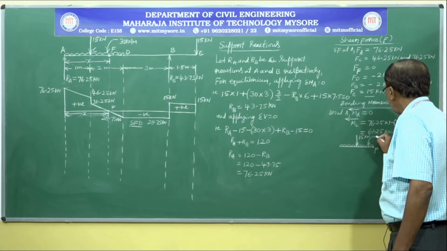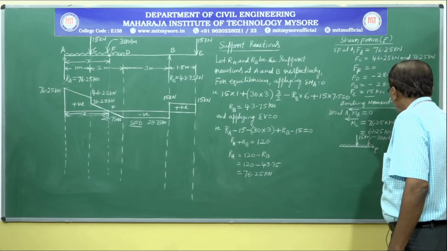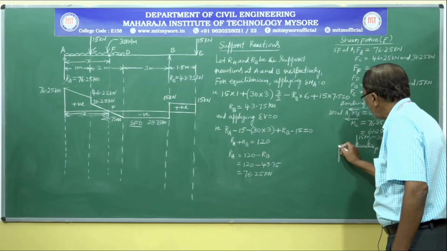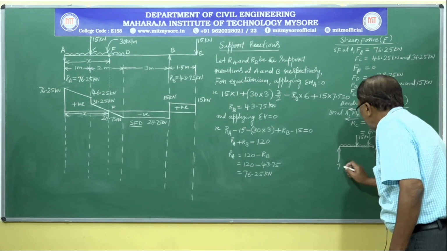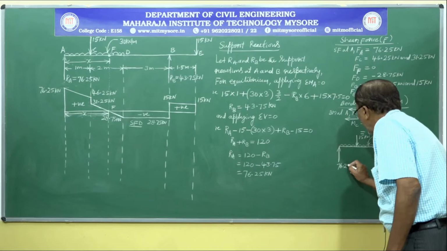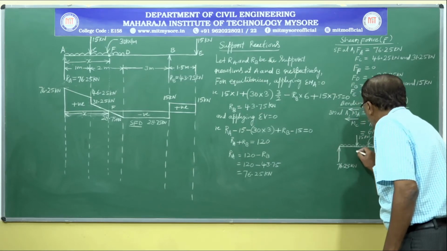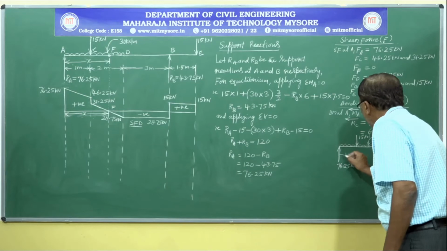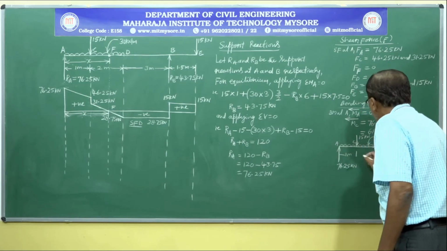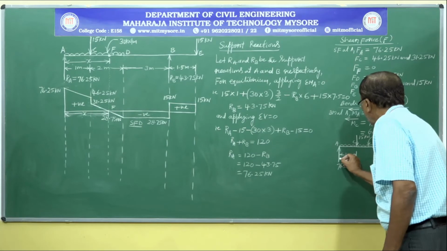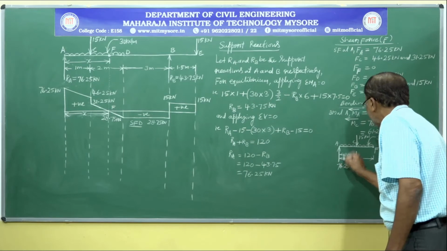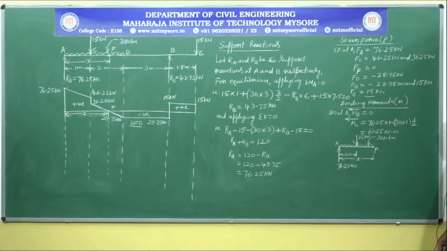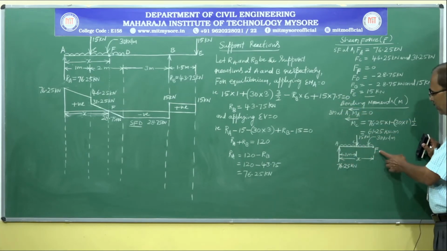The intensity of UDL is 30 kilonewton per meter, and the support reaction is 76.25 kilonewton. So 1 meter from A to C. This distance we considered as x value. As it is, we have copied the loading diagram written here.